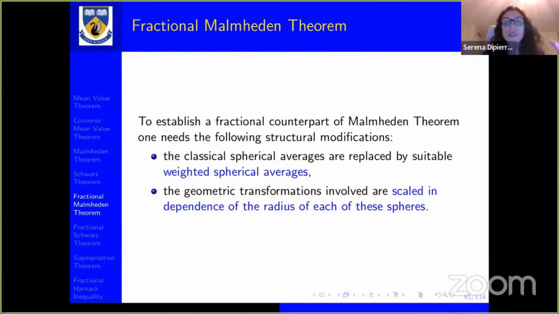And we will see that if one writes the complement of a ball in spherical coordinates, well, each of these have to be somehow scaled in some way. They have to have some quantities that are scaled in some way.